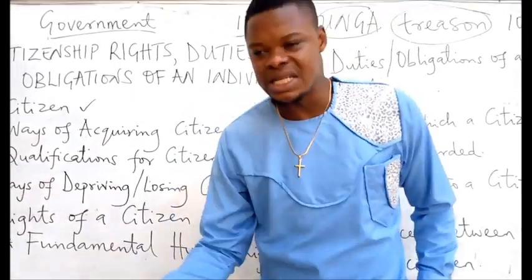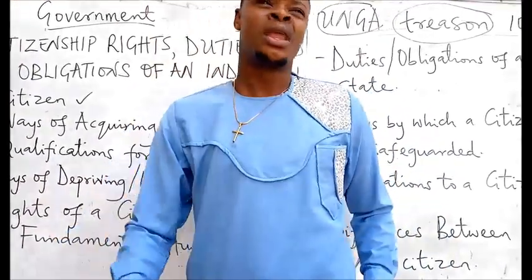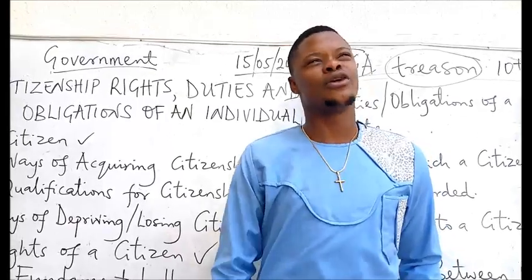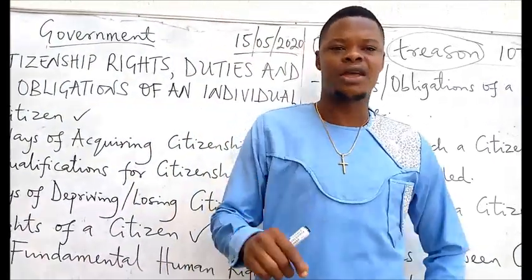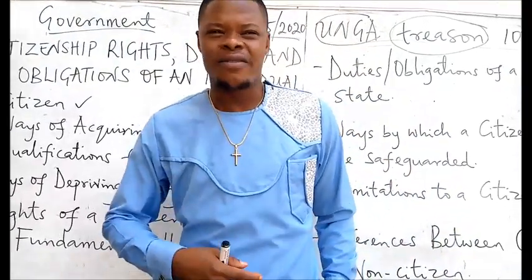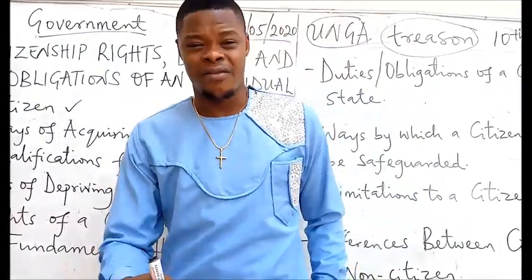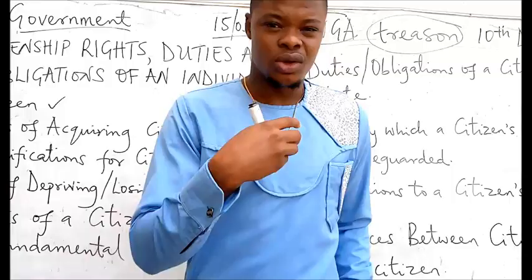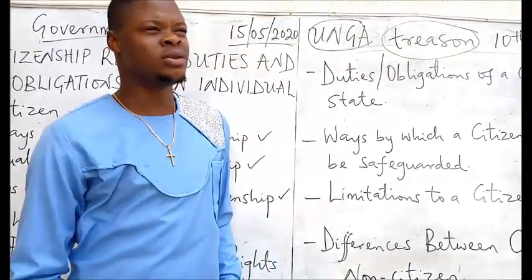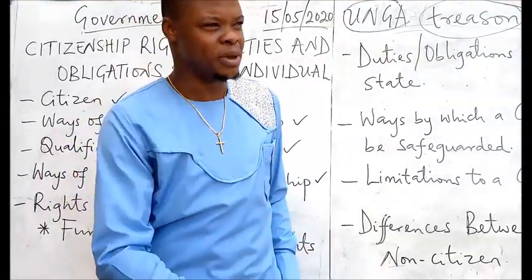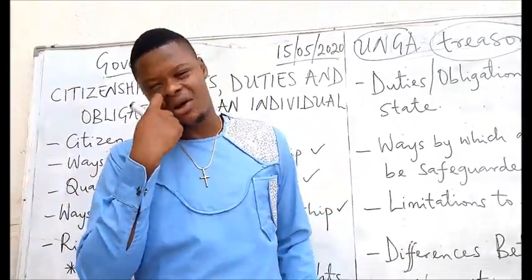You have right to praise an individual, and so on and so forth. Another fundamental human right is right to fair hearing. So you have right to express yourself, to say what you want to say, what you mean, express yourself in every circumstance.